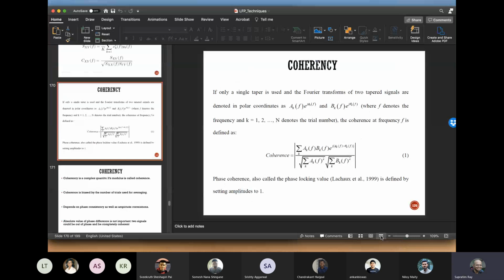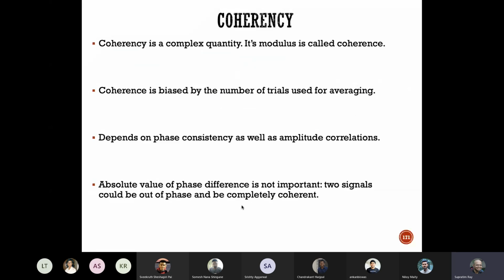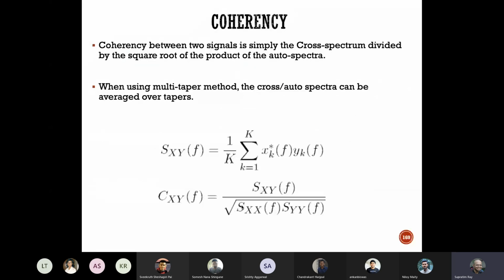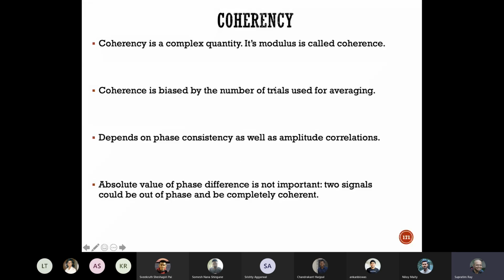Okay, so coherence is a complex quantity. Coherency is defined as the cross spectra normalized by the product of the auto spectra. It turns out it is a biased estimate of the true phase relationship, because it depends on the number of trials that are used for the average. Why is that? It's not very hard to understand.